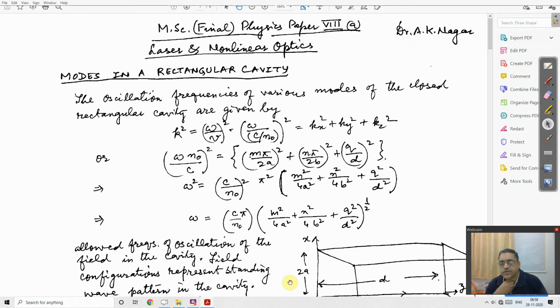Today we shall focus more on how frequencies and modes are generated in a rectangular cavity.